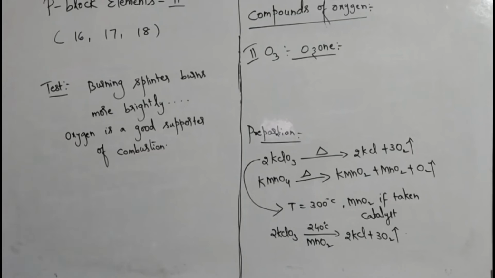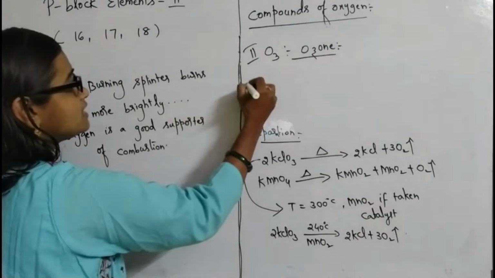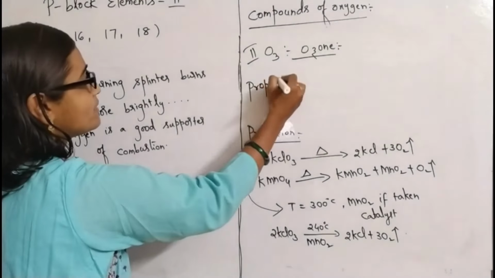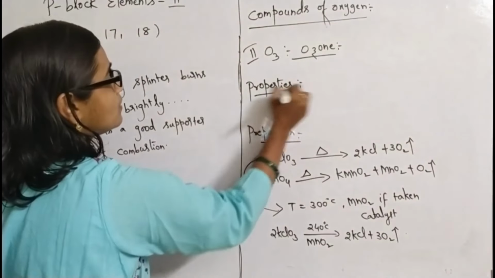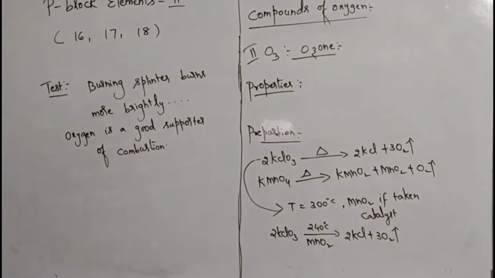Now you have to study the properties of ozone. What are the different properties exhibited by ozone? As you have studied, ozone is highly reactive and forms atmospheric oxygen in presence of sunlight.